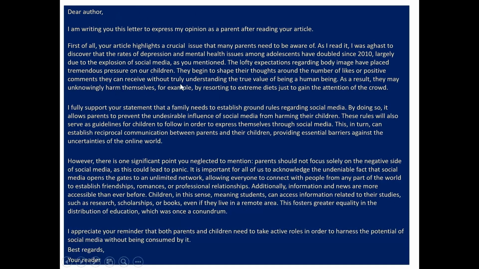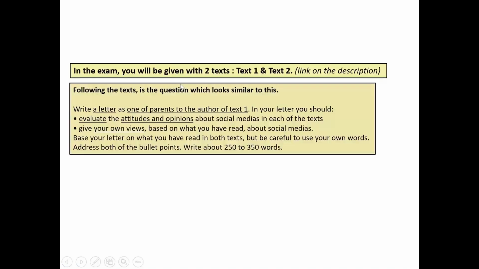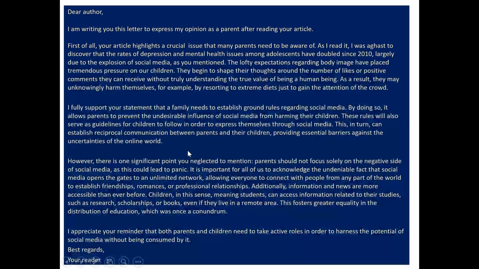Try to make your own judgment whether this response pretty much evaluates the attitude and the opinions about social medias, whether this response provides own views. Okay, right? This is the effective response.